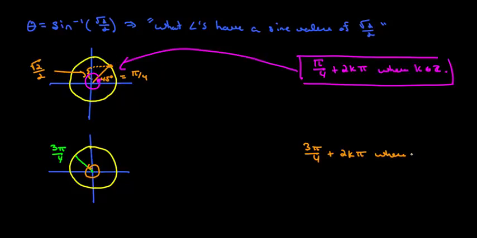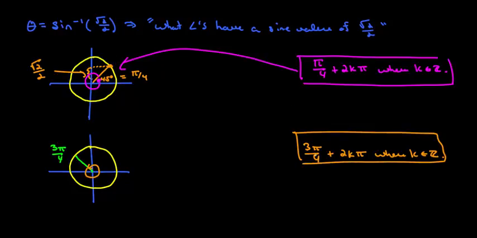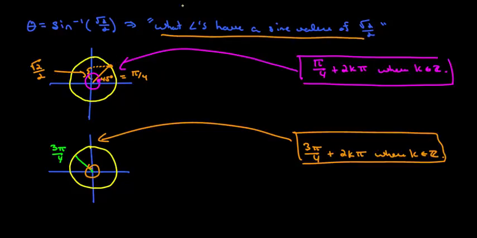Now, I've got two answers and I need to combine them. So that describes this. And so of course if I'm looking for all the different angles, both of these guys, this guy here and this guy down here, both satisfy that answer. So let's combine them using set notation. So our final answer is this.